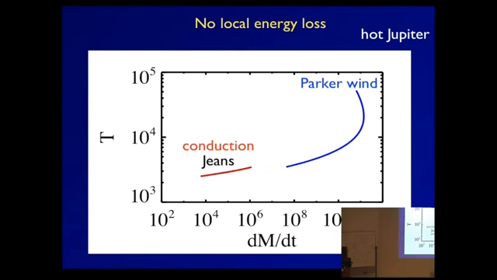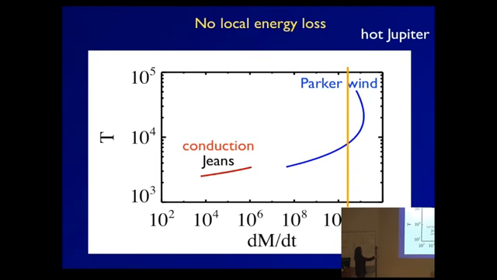Now for a particular system, and this just has a break in it because it's an old version, I can non-dimensionalize it, put in dimensions, and plot mass loss rate as a function of temperature. And now I can say, well, let's imagine that there is no radiative cooling, there's no conduction. What would the energy-limited mass loss rate be here? This is for a hot Jupiter.